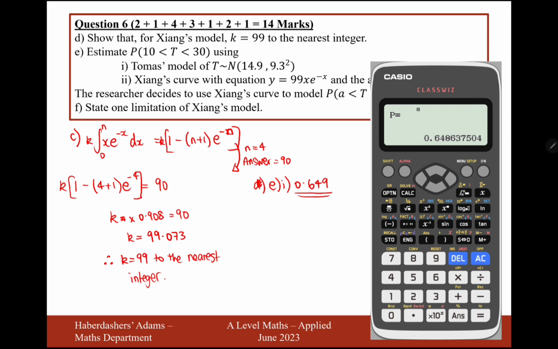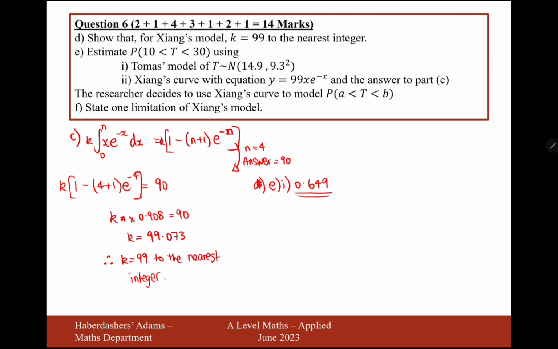Fantastic. That's a bit different to the previous one, which was 0.538, but okay. Now Zhang's curve with the equation 99x e to the minus x, and your answer to part C. In that part, we're going to be doing the integration from 1 to 3, because it's measured in tens, remember, of 99 x e to the minus x dx.